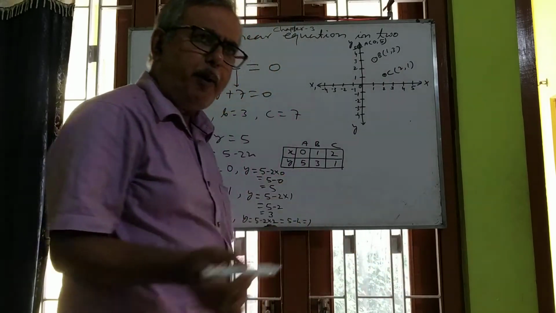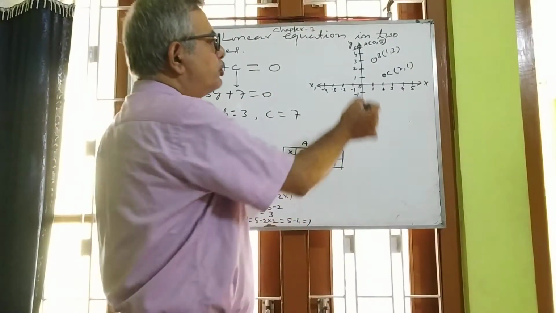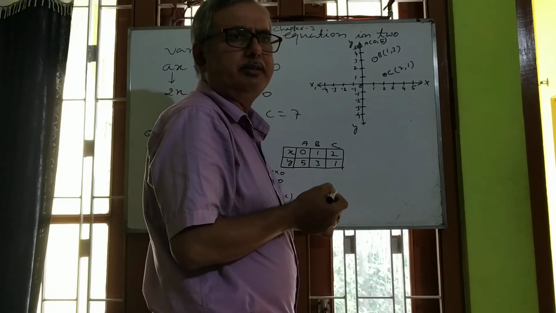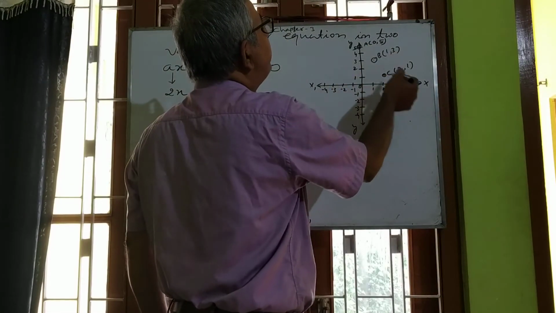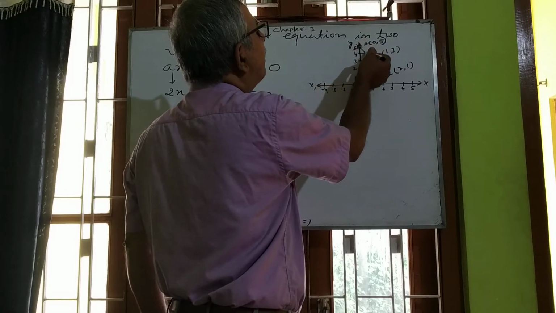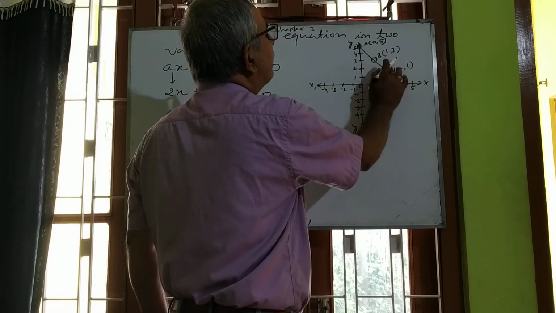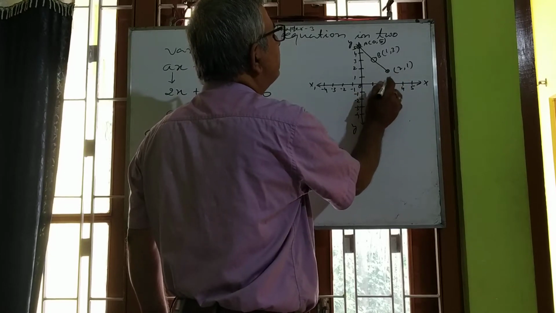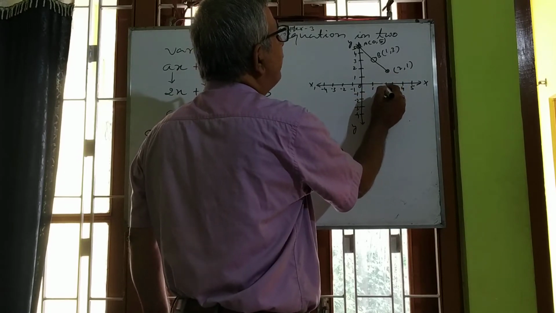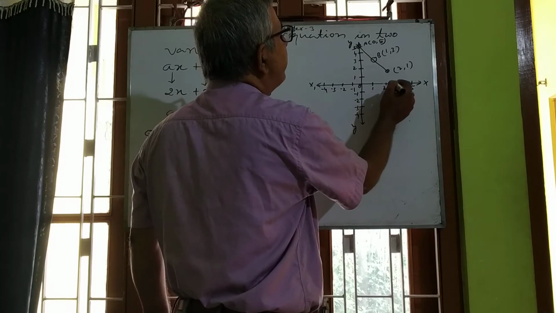Now with the help of a scale, you join all these 3 points. 3 points, which one? A, B, C. On the graph paper, it will come exactly.